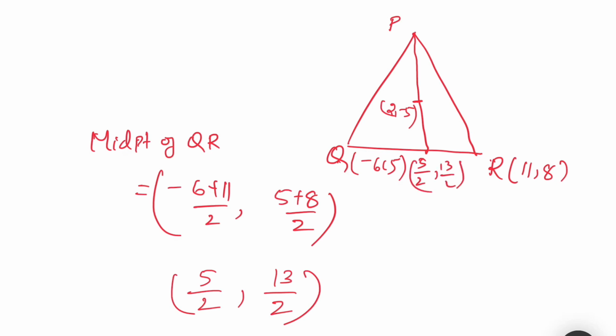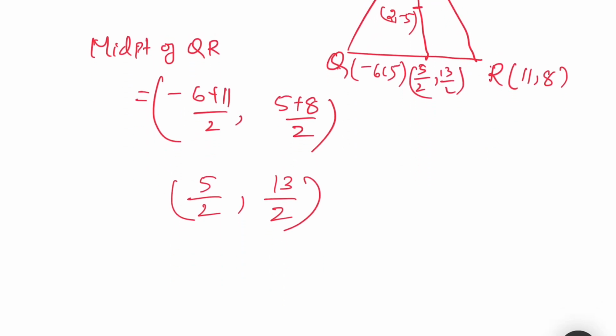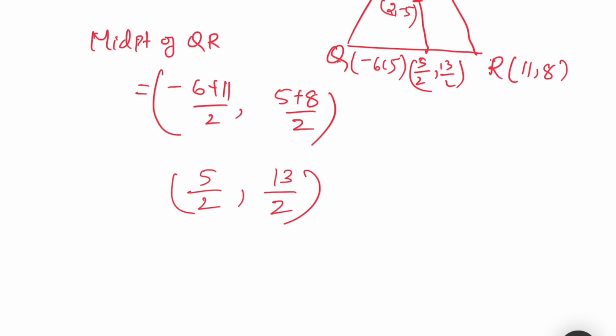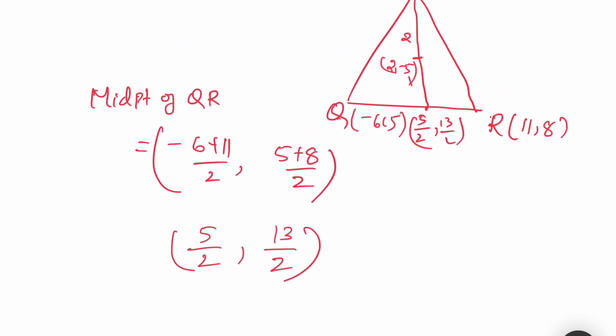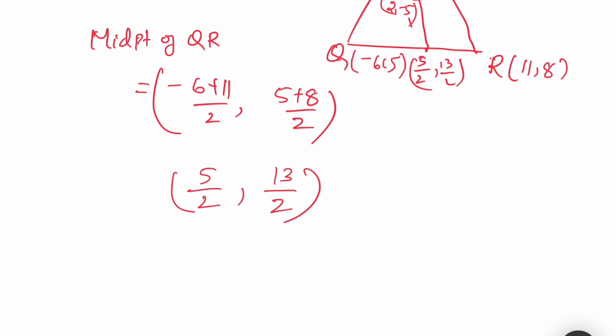Then you need to find the coordinates of P. You already know the median is divided by the centroid in the ratio 2:1, right? So we have the ratio, so use the section formula.